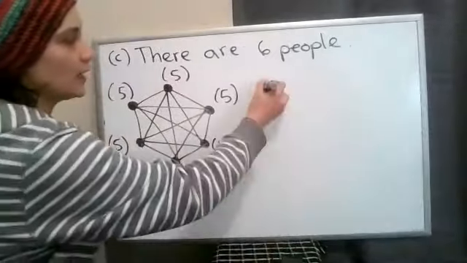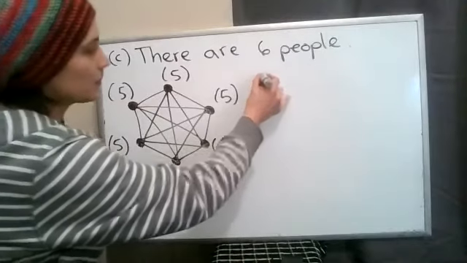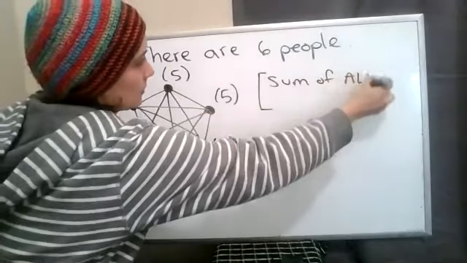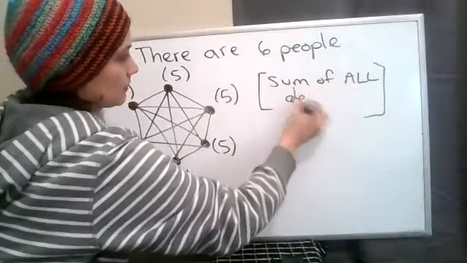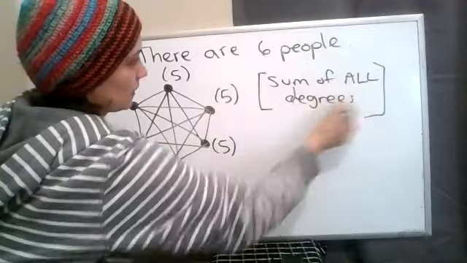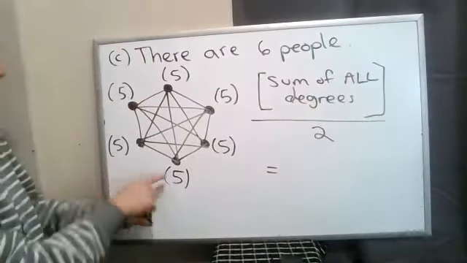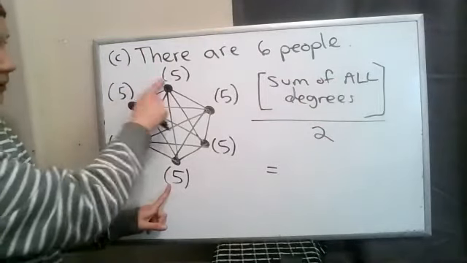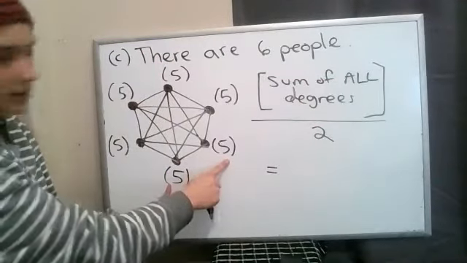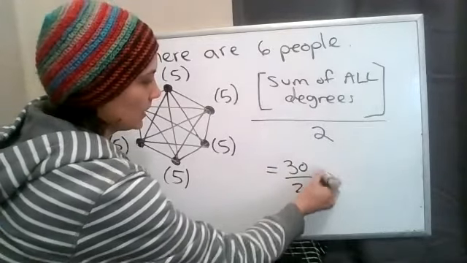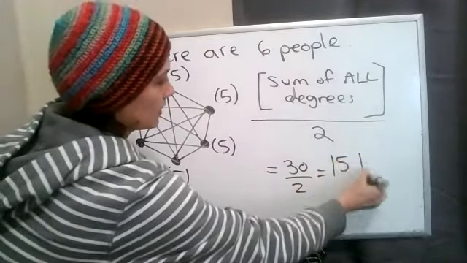Okay, so we're taking the sum of degrees divided by 2. 5, 10, 15, 20, 25, 30. So we got 15 handshakes.